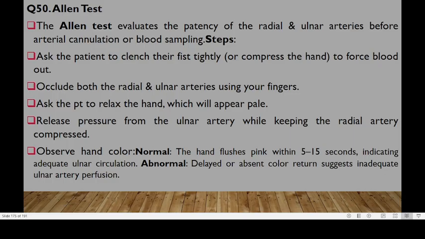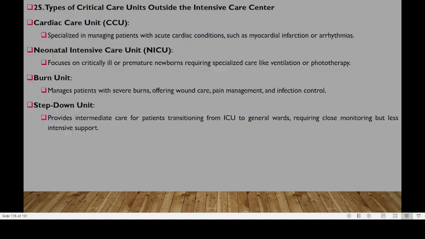You observe the hand. Normal will be if the hand flushes pink within 5 to 15 seconds, indicating adequate ulnar circulation. Delayed or absent color return suggests inadequate ulnar artery perfusion.